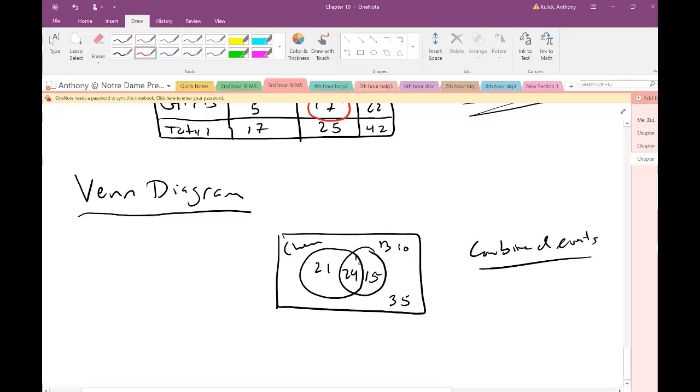Again, you have to be a little bit careful because there are a number of students that do both of those things. So a Venn diagram is a useful way to sort that out to make sure you're not double counting anything.